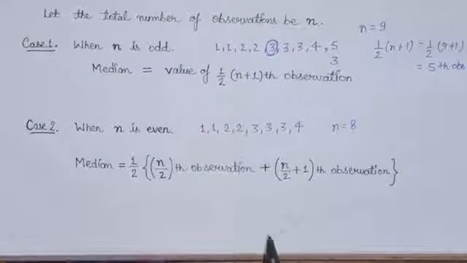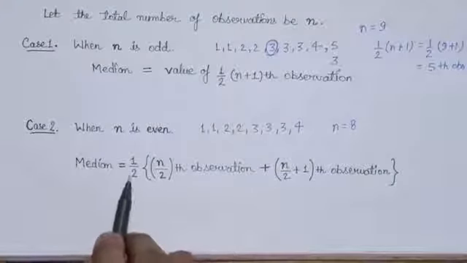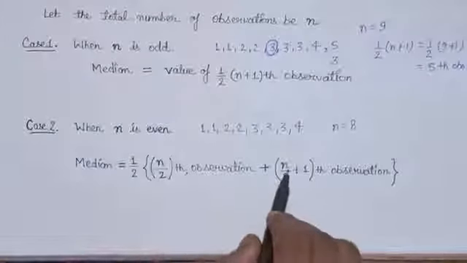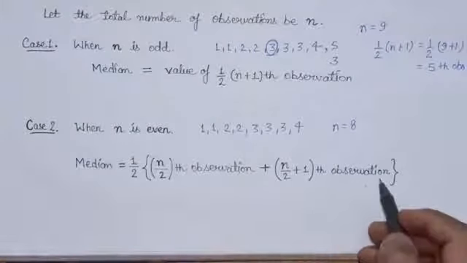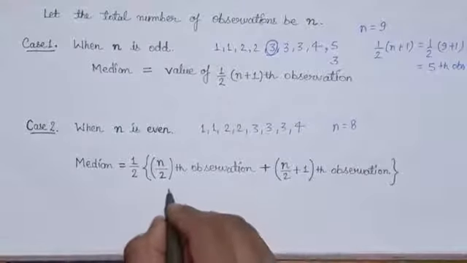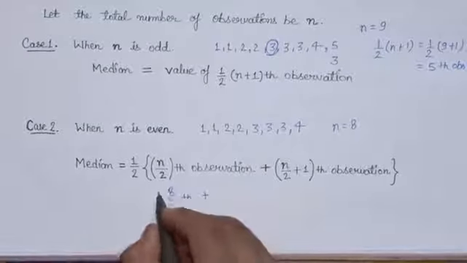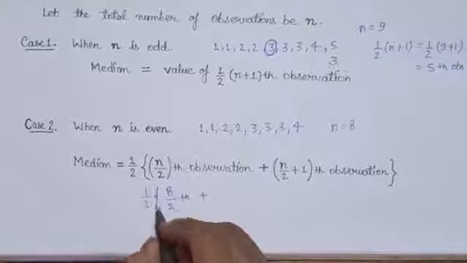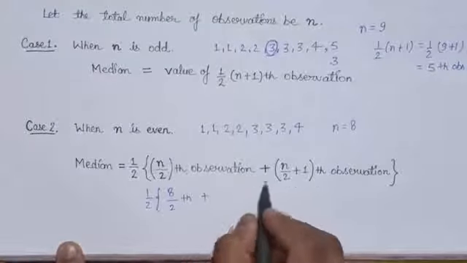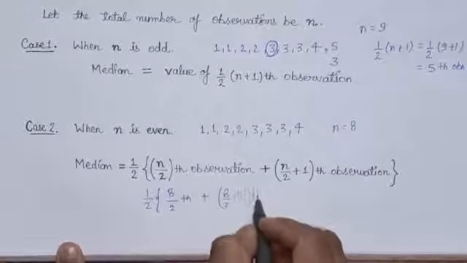If the number of observations in a given data is even, then the median is equal to half of the n by 2th observation plus the (n by 2 plus 1)th observation. Now what is the n by 2th observation? Here n is 8, so it means the 8 by 2th observation plus the (8 by 2 plus 1)th observation.